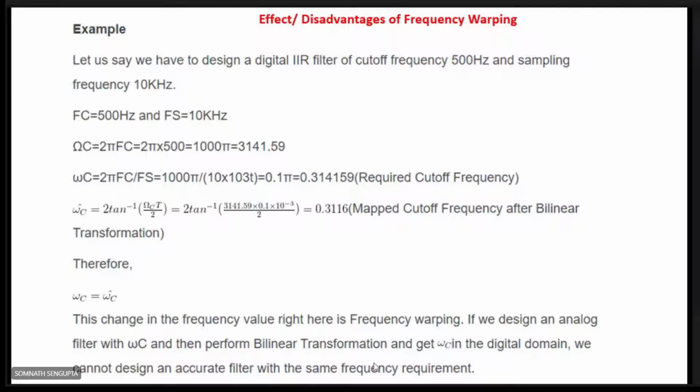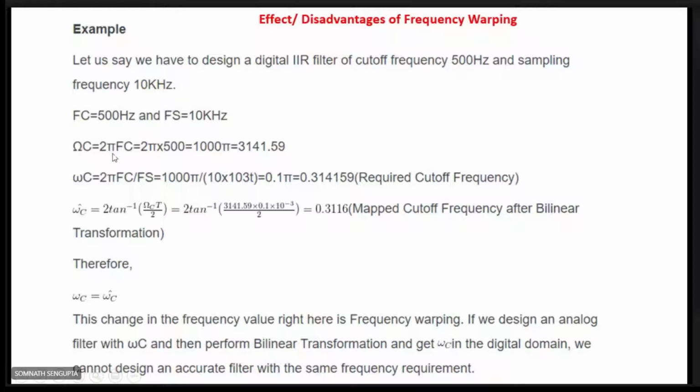Let us look at the effect or disadvantages of frequency warping. Say we have to design a digital IIR filter of cutoff frequency 500 Hz and sampling frequency 10 kilohertz. So FC, the cutoff frequency, is 500 and FS is 10 kilohertz.